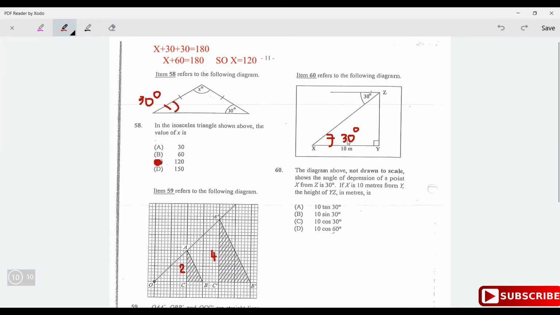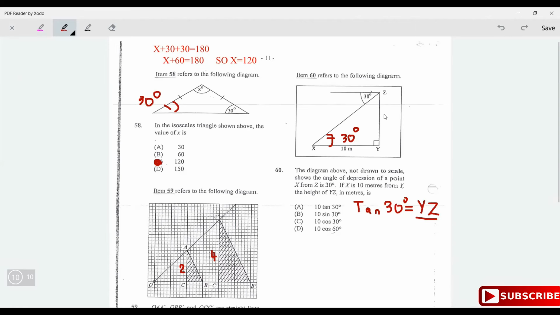If this angle is 30 degrees and I have the adjacent, I'm trying to find the opposite. Opposite over adjacent is tan. And so I can say that the tan of 30 degrees would be equal to the opposite, YZ, over the adjacent of 10.